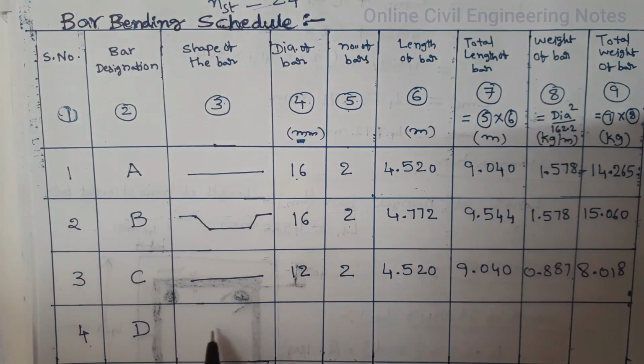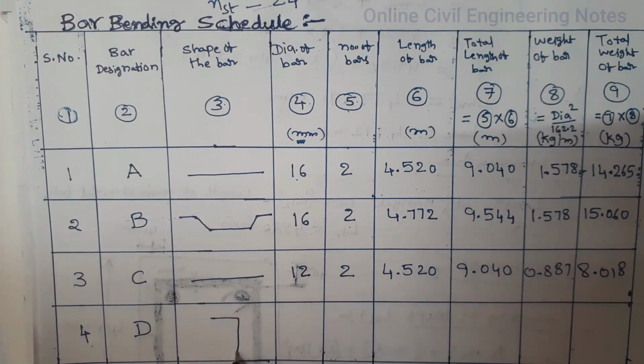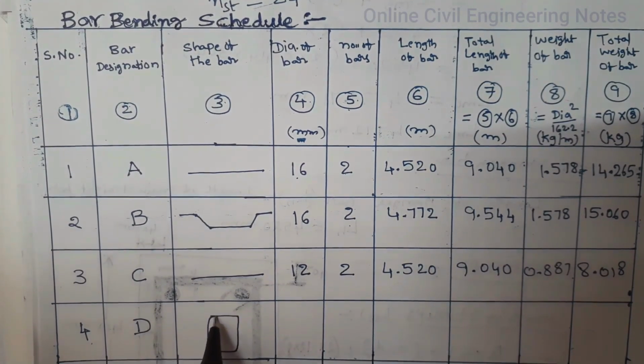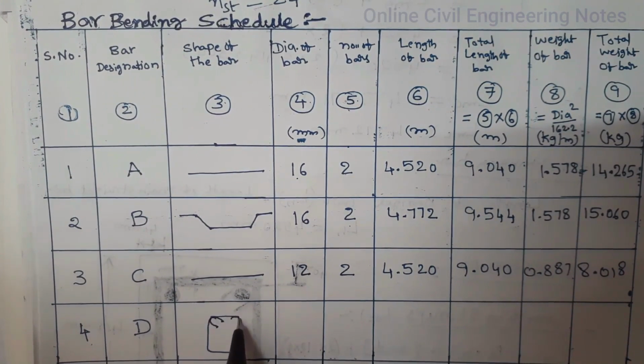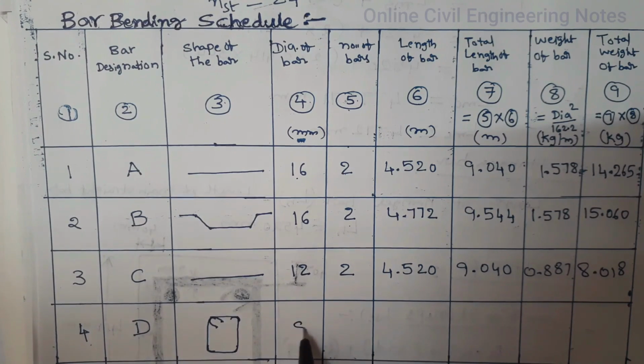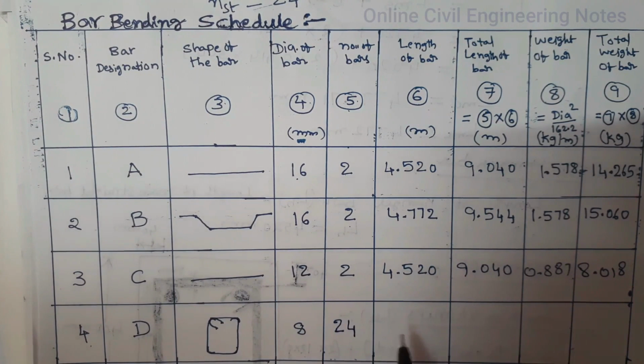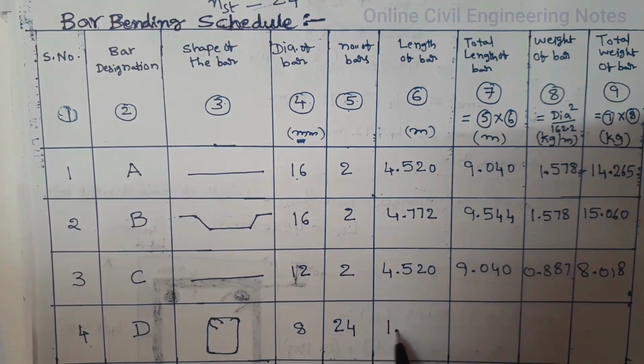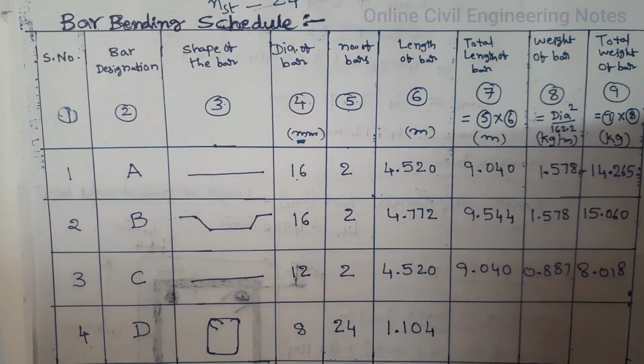Fourth bar is stirrups. The designation is D. Stirrups like this. Diameter of the stirrups is 8 mm. Total number of the stirrups is 24. Length is equal to 1.104 meters.